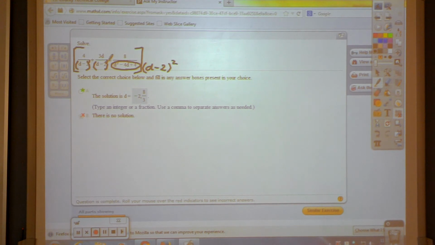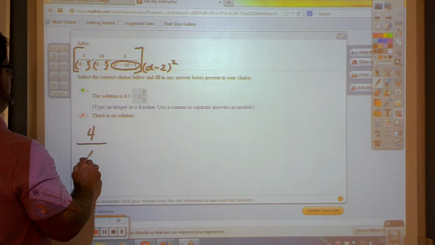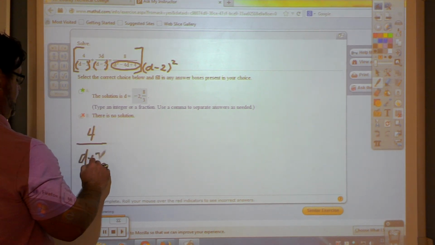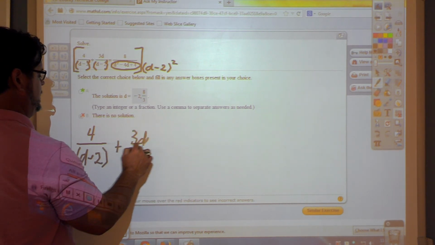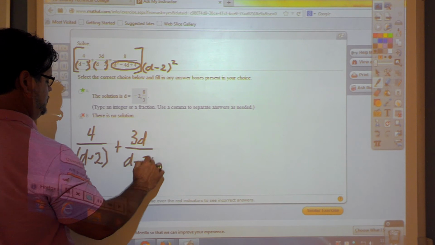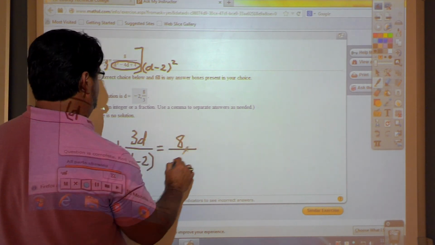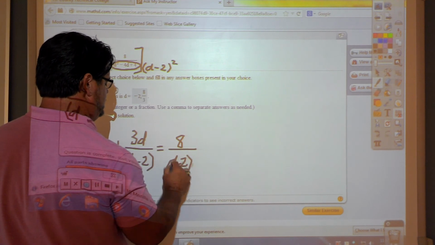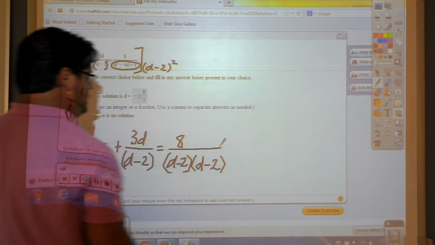Go with the highest exponent. So the problem is 4 over D minus 2 plus 3D over D minus 2 equals 8 over D minus 2 times D minus 2, or D minus 2 squared.